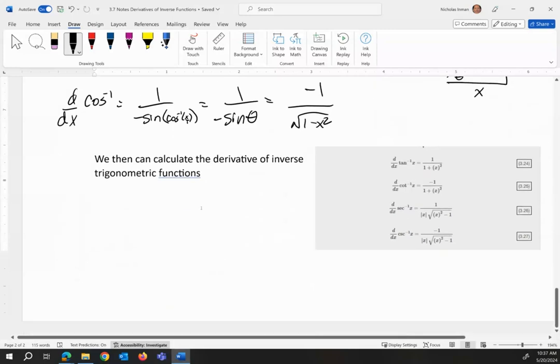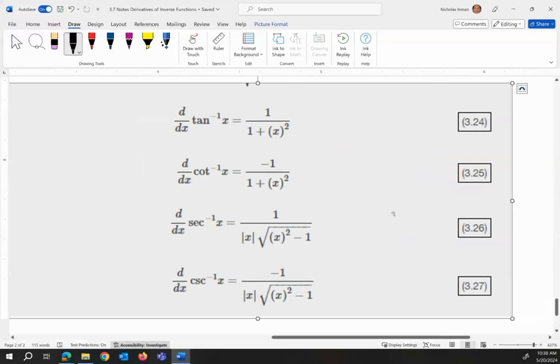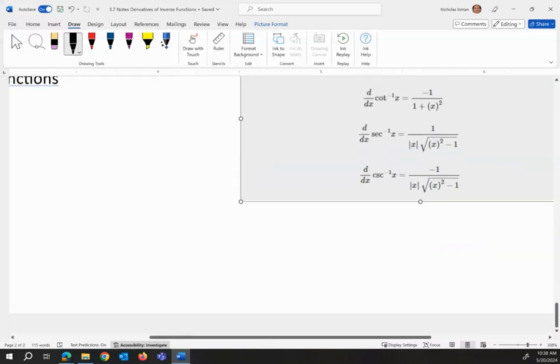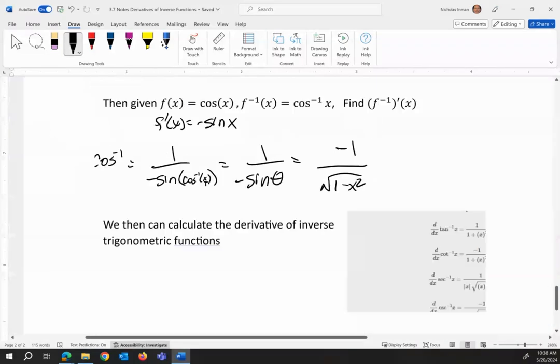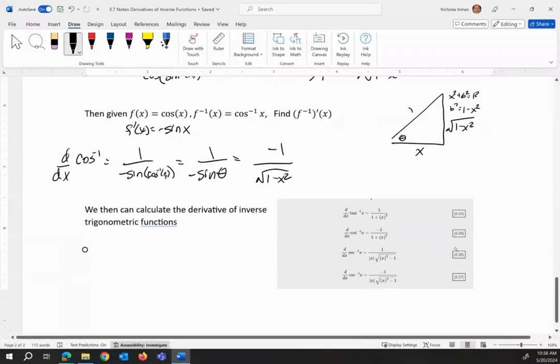Now, we can use these to find the derivatives of tangent, cotangent, secant and cosecant inverses. Notice they have similar setups, 1 over that fraction. These formulas are just formulas. If you're doing the derivative of tangent inverse, we can plug straight into the formula. We don't need to repeat this whole right triangle trigonometry process.